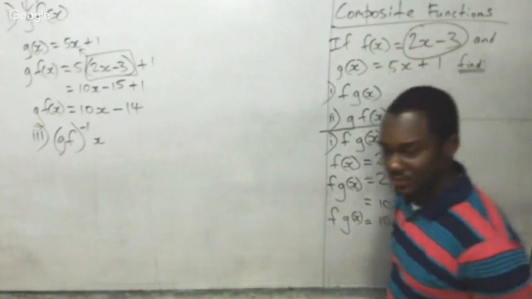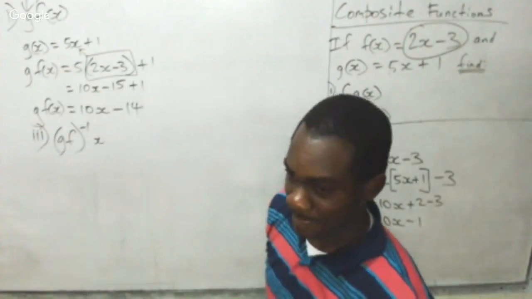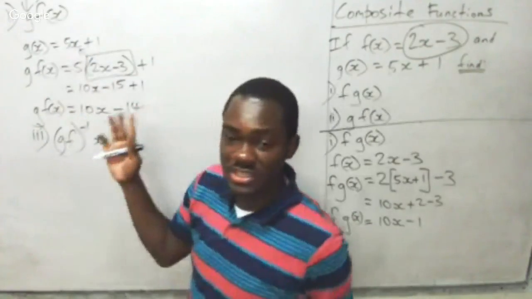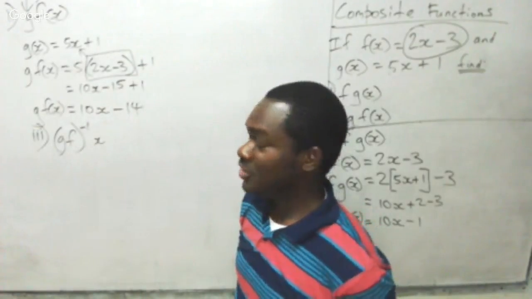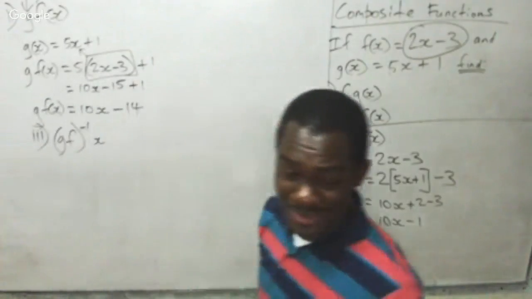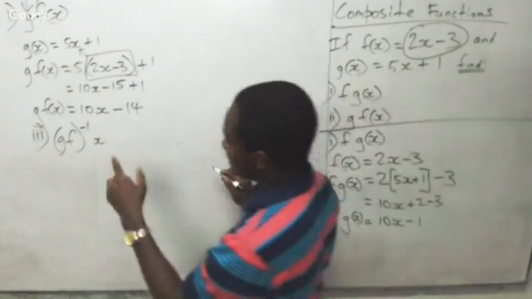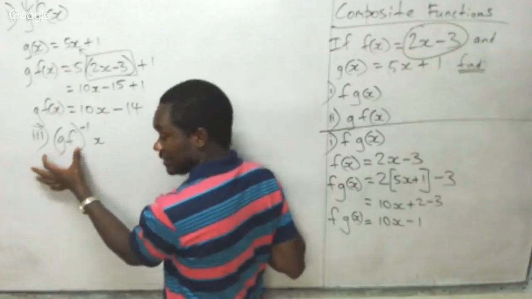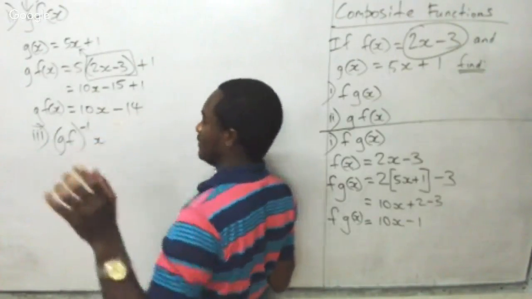That's the inverse of g of f. We found g of f already, so we just need the inverse of this. It's not complicated. All this is saying is the inverse of g of f. Did we find g of f a while ago? Yes, this is g of f.